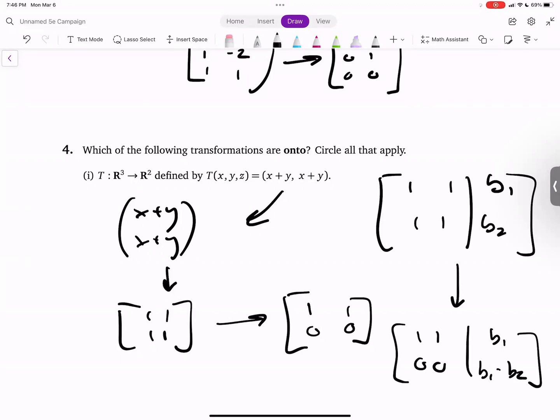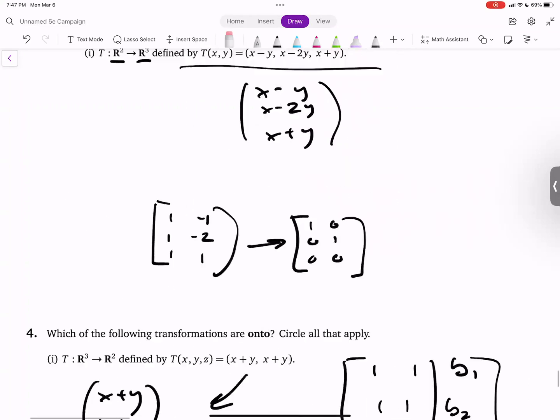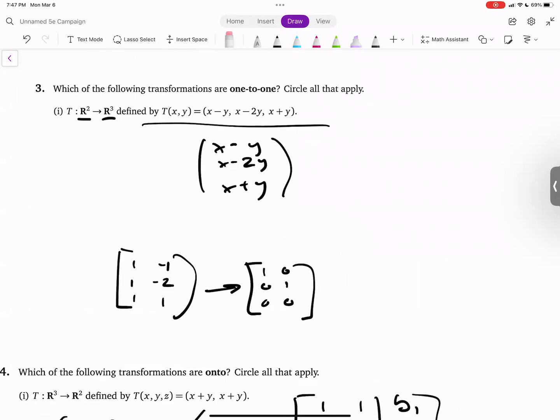That proves that it's not onto. There's somewhere we can't reach. So someone give me an example of b1, b2 that it's inconsistent for. 2, 1. What is 2 minus 1? We augment 0, 0, 1. That's inconsistent.